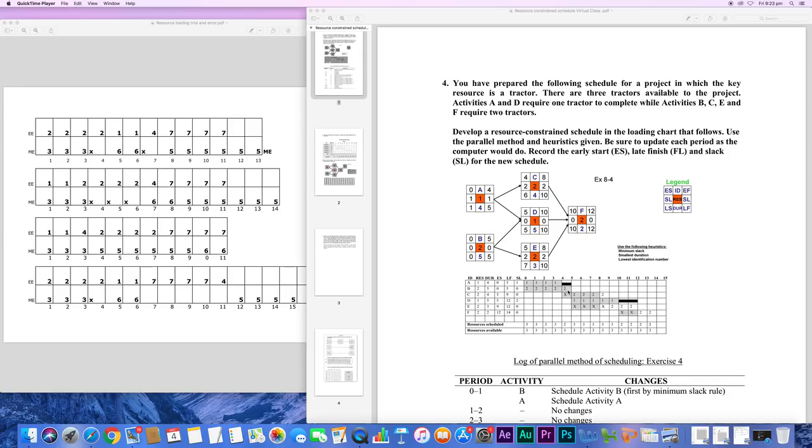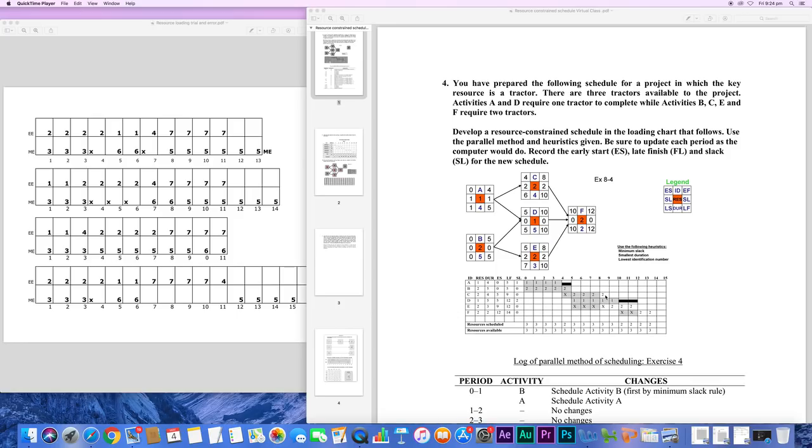Okay, what's the next one? Next is period 4 to 5. The only one is activity C. Can we schedule it? C is using 2 tractors and B is using 2 tractors. No, we can't, because that would be altogether 4 tractors and we don't have that. So we have to postpone activity C. That's why we put a little cross here and we move it.